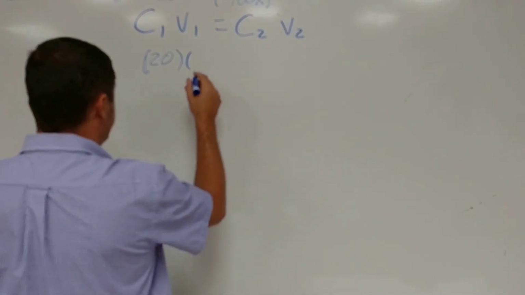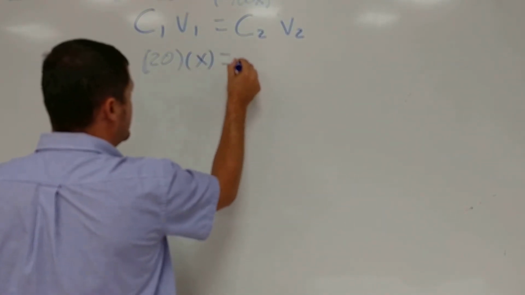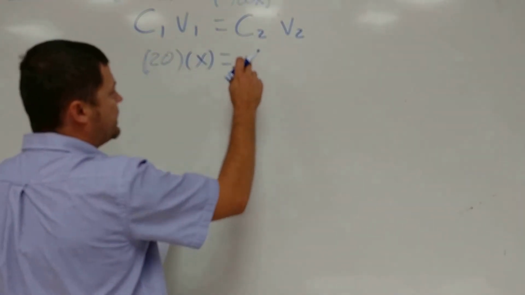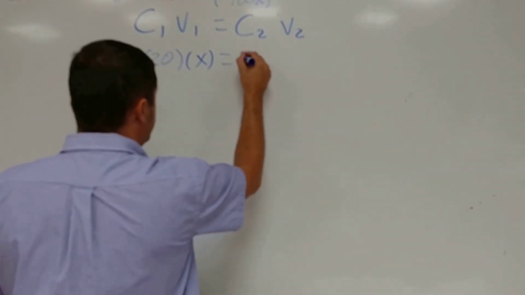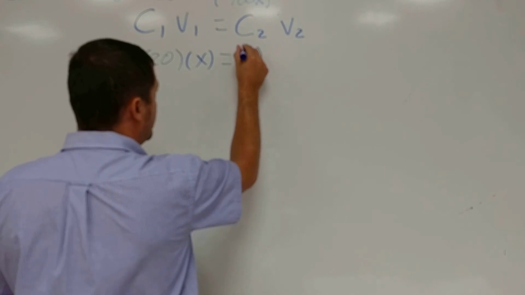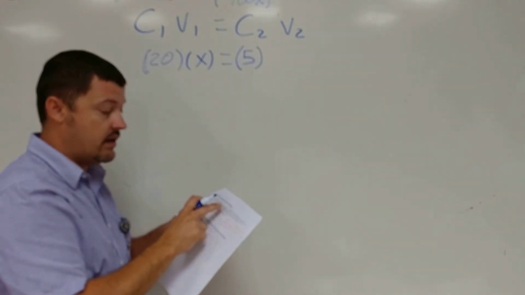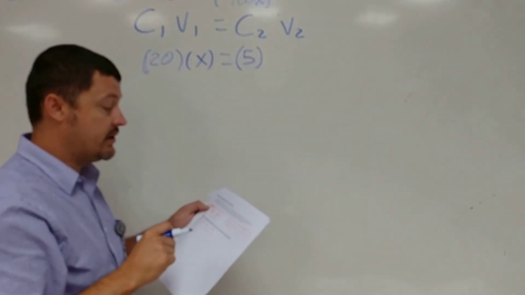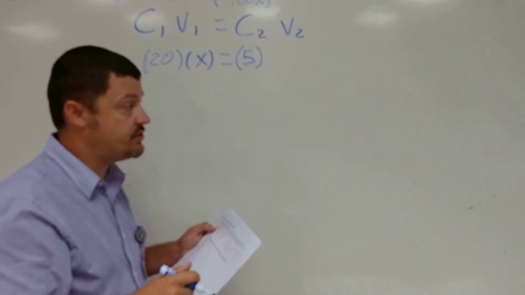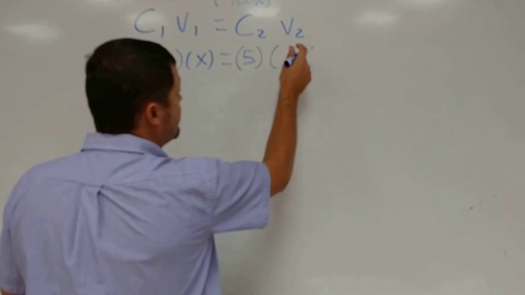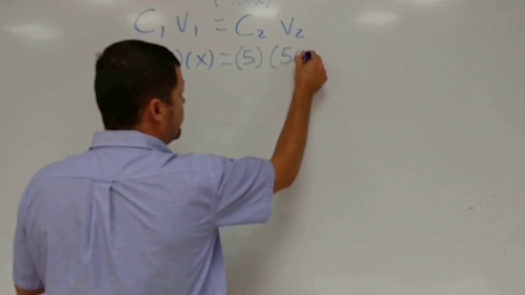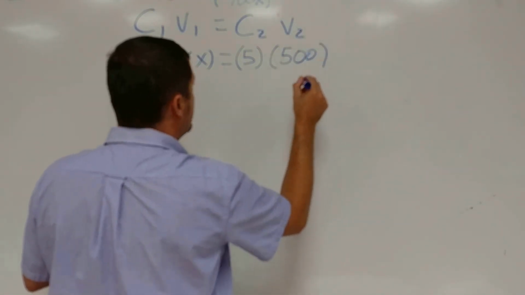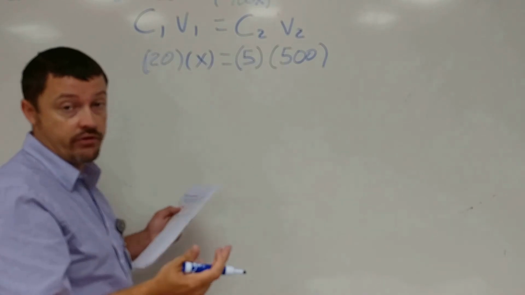That's what we're trying to figure out, so that gets an X. Our concentration of the new reagent, C2, is 5. It tells us that in the problem: 500 milliliters of a 5% solution. And the amount that we need, V2, is that 500.